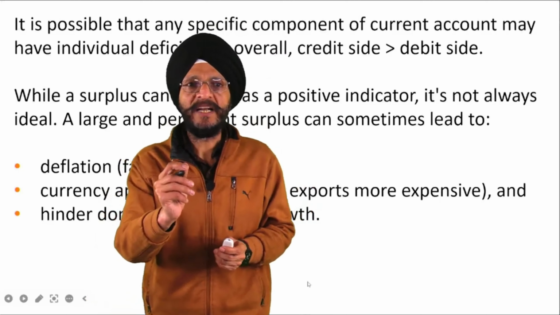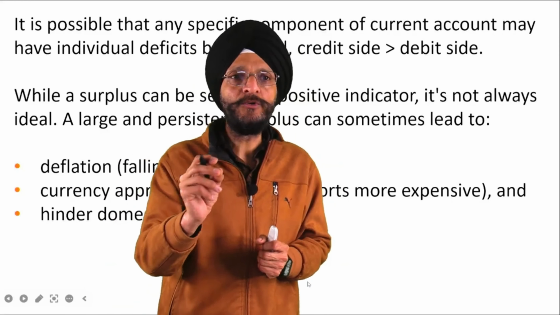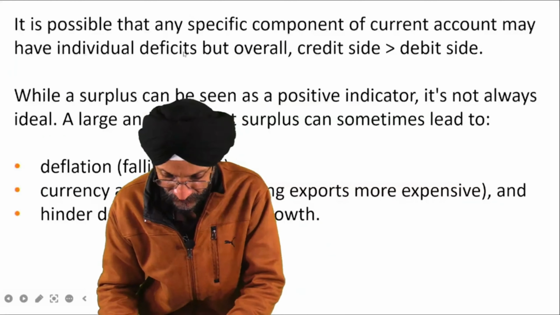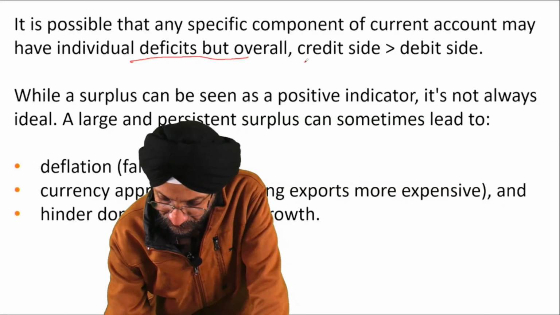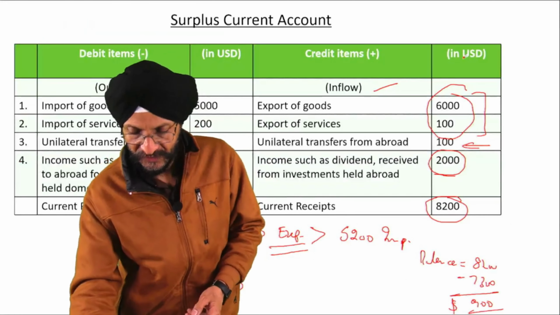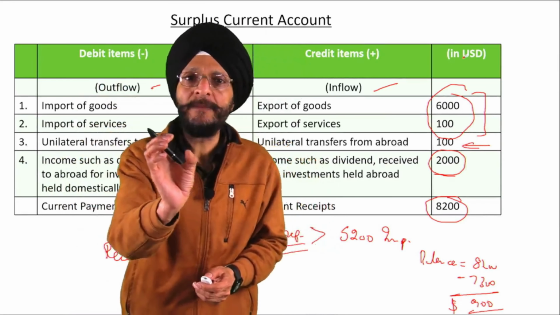It is possible that any specific component of the current account may have individual deficits. What it means is that overall the credit side is more than the debit side. You have seen that here the credit side in total is more than the debit side, but an individual item may be less.